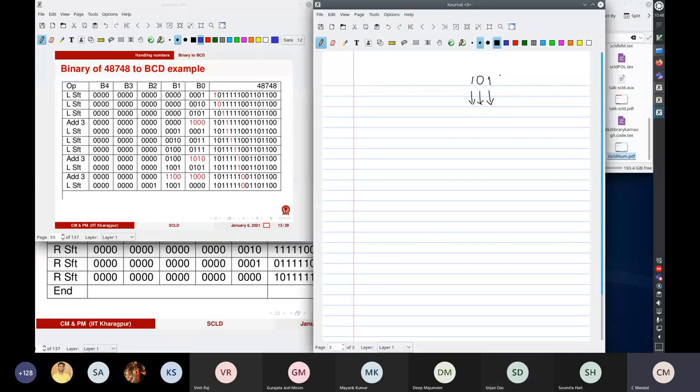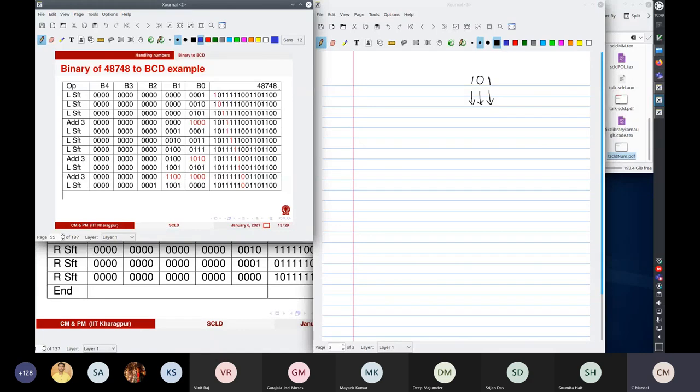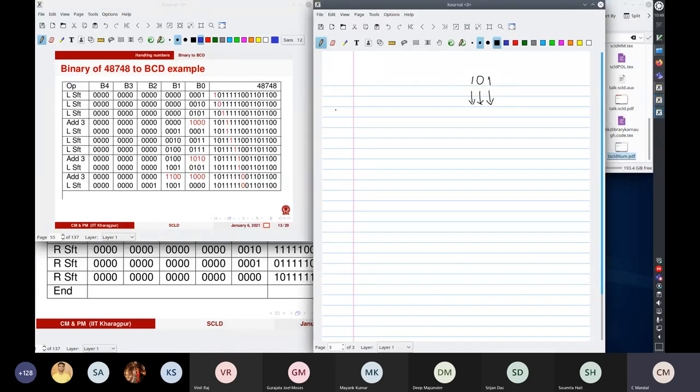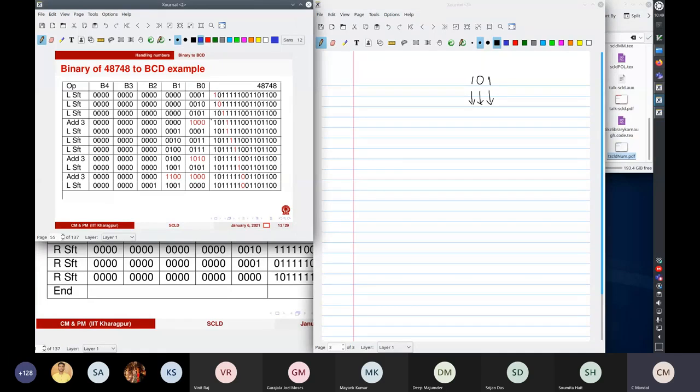Now, suppose you have one more bit. That is, if we consider 1011, you have already seen that this is the conversion for 1011.